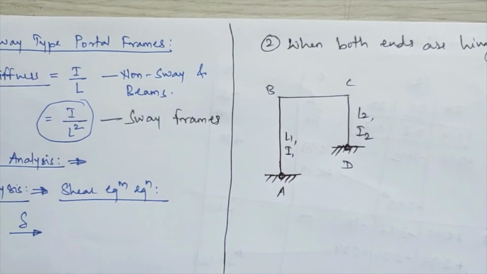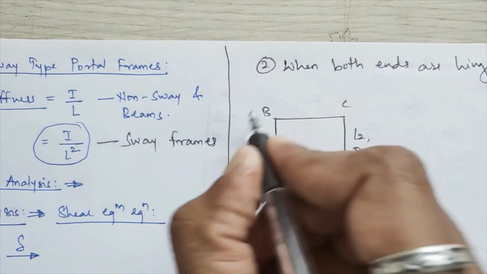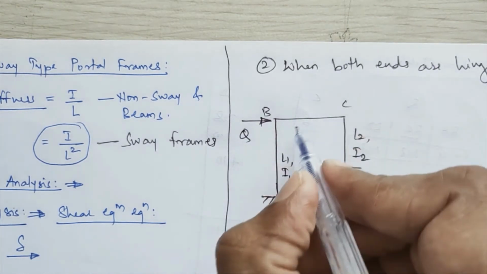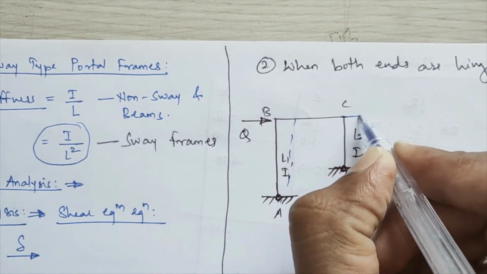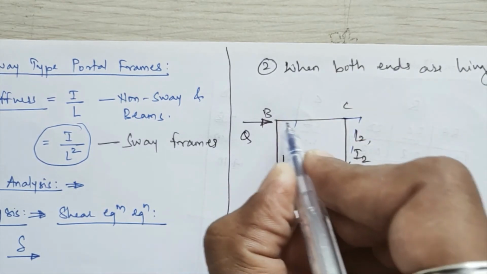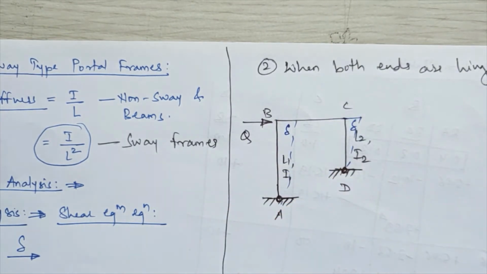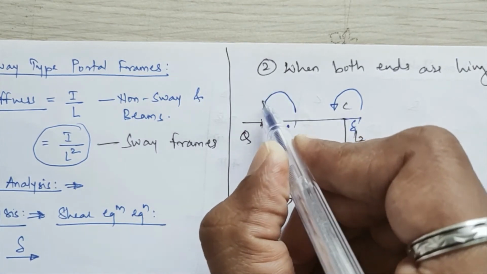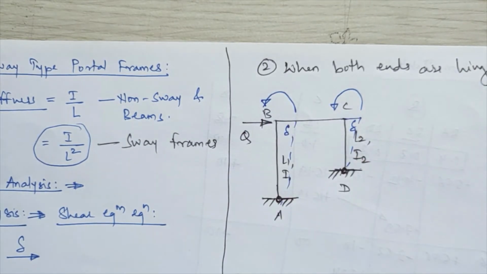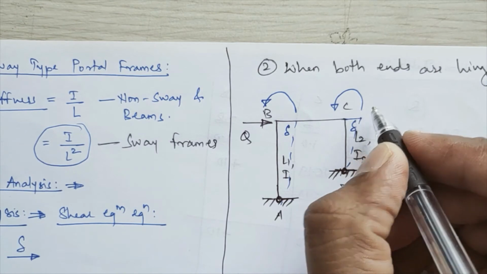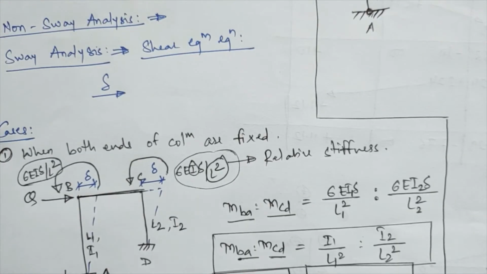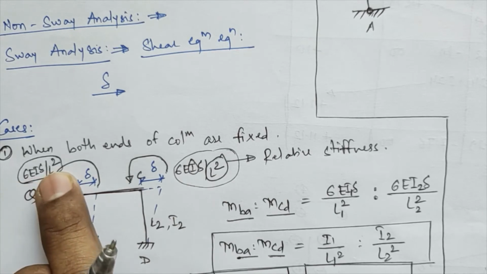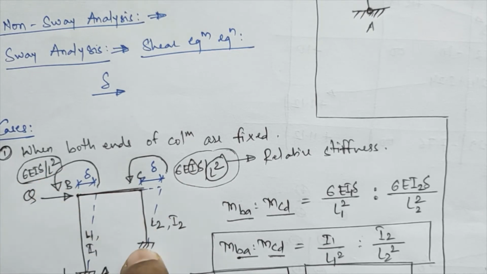Okay, now whatever translation and rotations are occurring, those occur due to, suppose, a lateral load Q. Due to that, this frame will try to sway by an amount delta, due to which again translation and rotations will be induced at points C and B. For the fixed support, those values are 6EI delta upon L square at both ends if your joints are fixed.